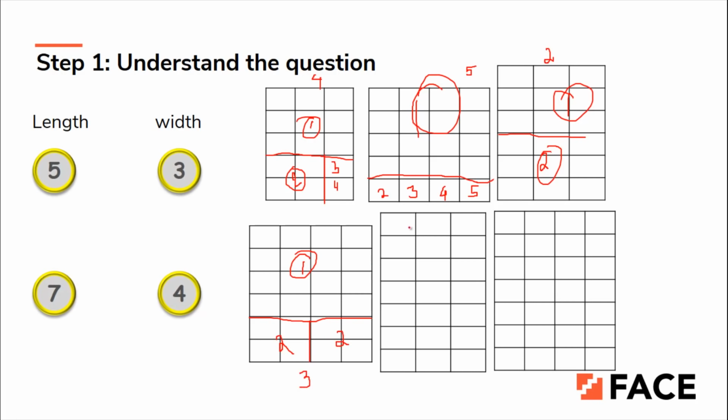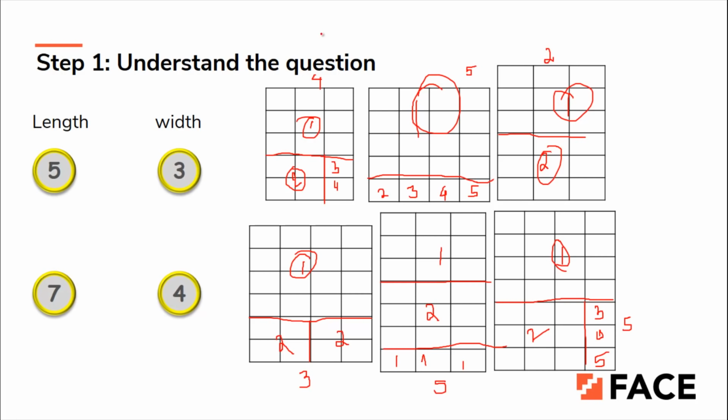7 cross 3. In 7 cross 3, 3 cross 3 would be the first bar, again 3 cross 3 would be the second bar, and then 1, 1, 1. So totally there would be 5 bars in 7 cross 3. In 7 cross 4, again 4 cross 4 would be the first bar, 3 cross 3 would be the second bar, and then the third, fourth, and fifth bars. So again 5 bars in 7 cross 4 as well.